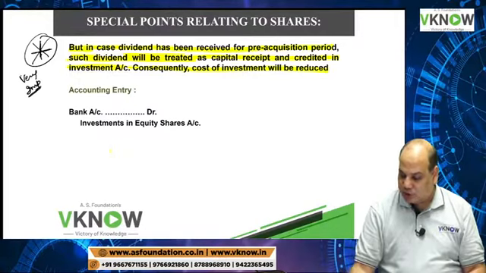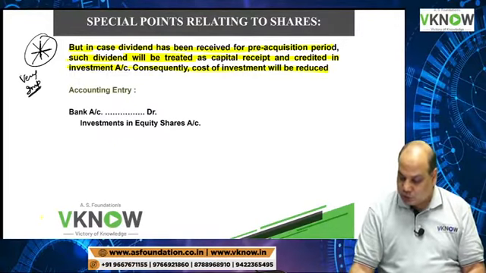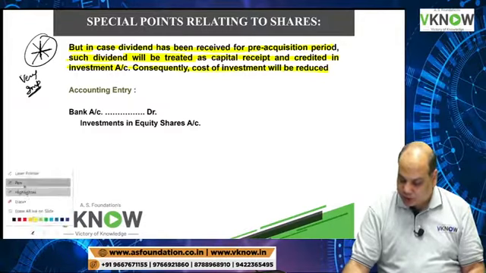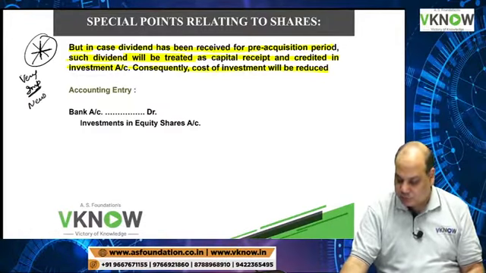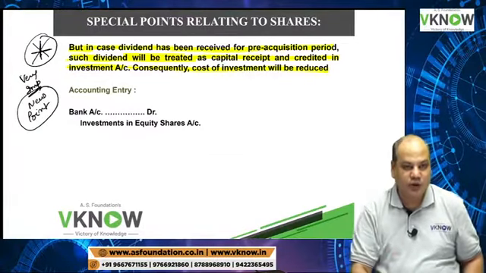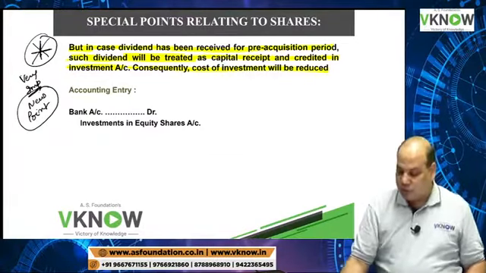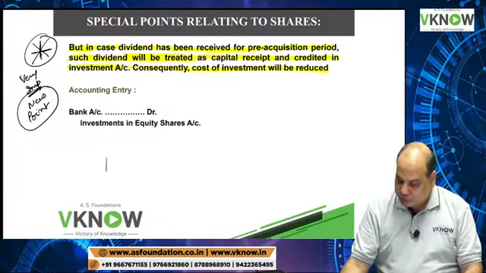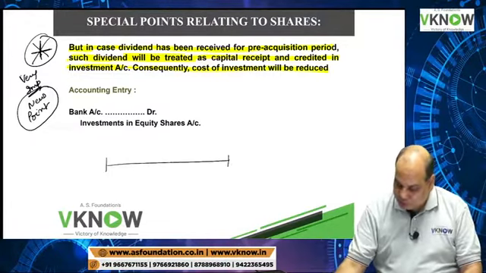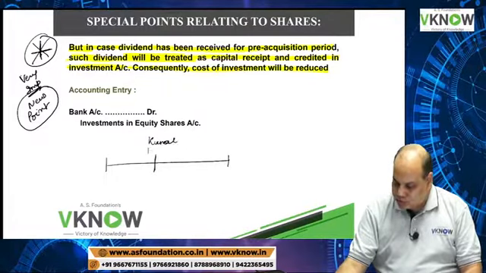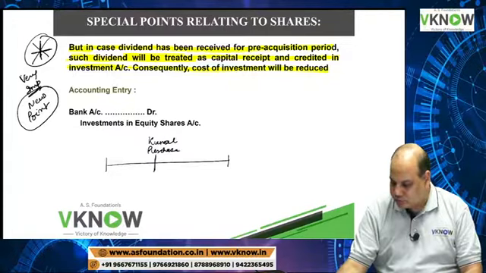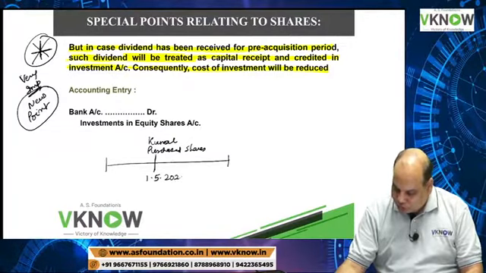Bank account debit to investment in equity share. Now, this is a new point for you. A plain reading will not help you. Maybe before today you have never heard about it. What is this issue? Suppose Kunal purchased shares on 1st May 2021.